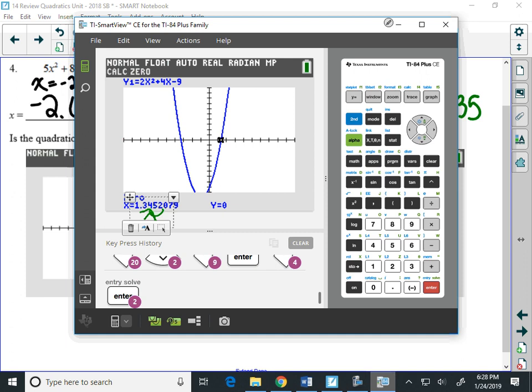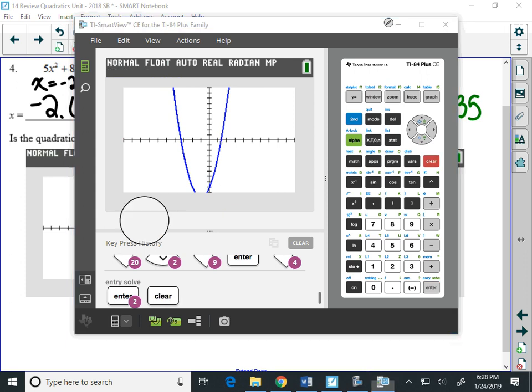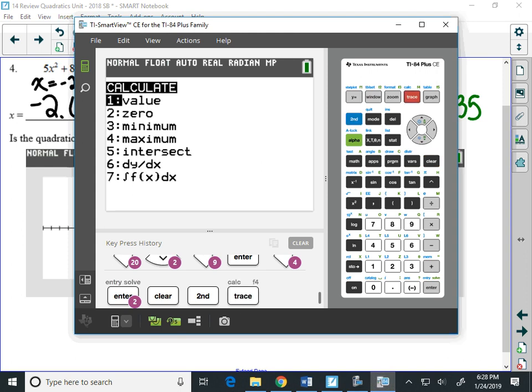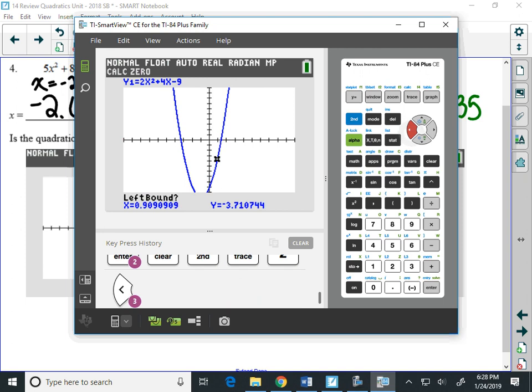In fact, on my paper, let's see what happens here. Second, trace, and 0, number 2, and then we scroll a little bit to the left, a little bit to the right, and enter.